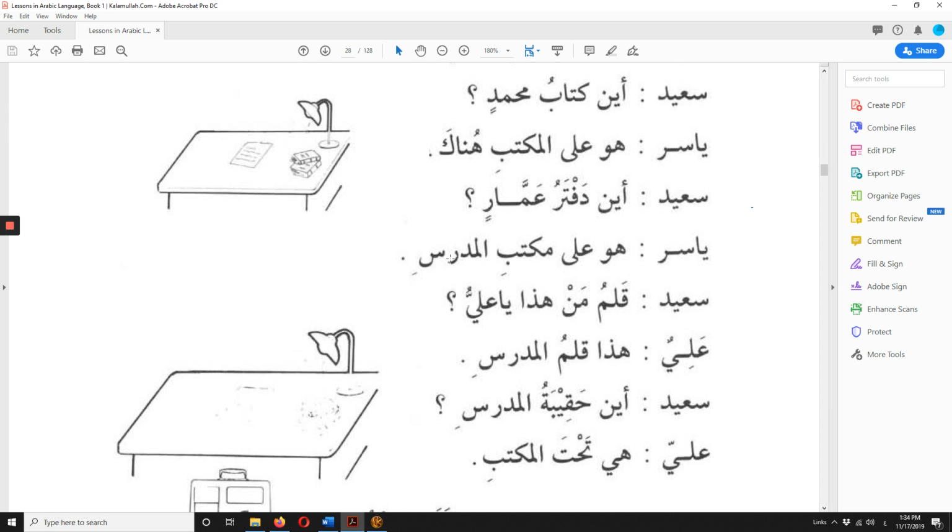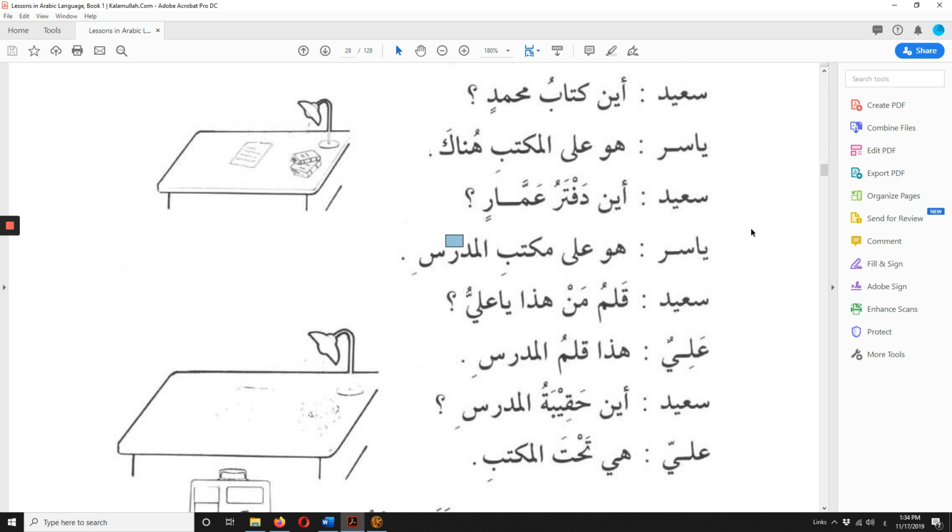So there's a couple things going on here. First of all, there should be a shadda on top of the ra. Now, a shadda will completely change the meaning of an Arabic word.